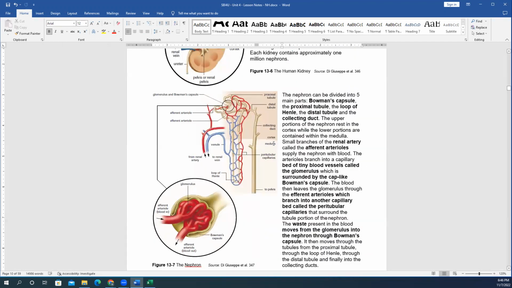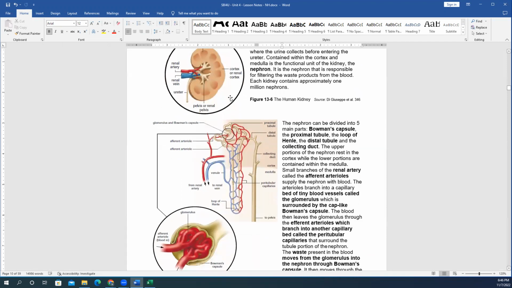Just to put this into context, if we zoom in on the cortex and the medulla, here in this picture we've zoomed in on one of these regions. This darker outer upper part represents the renal cortex, and this lighter part here represents the medulla.